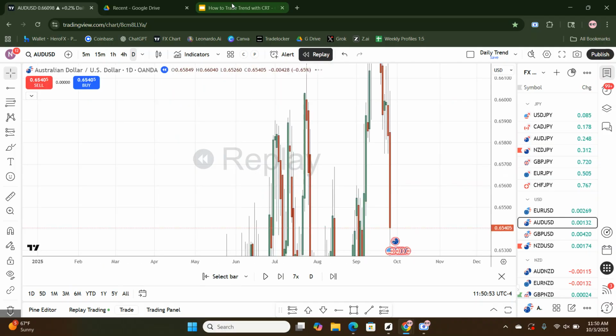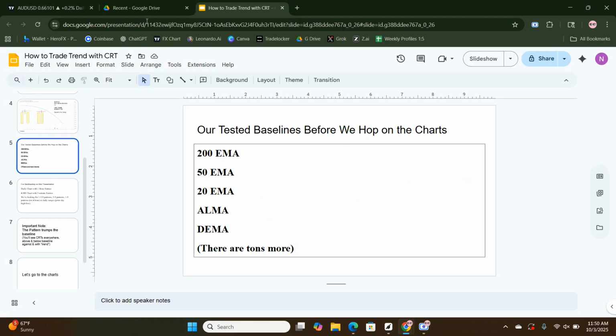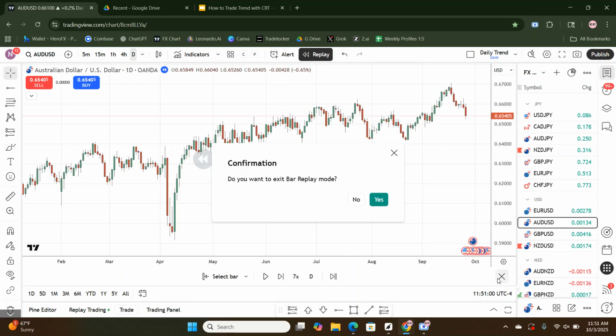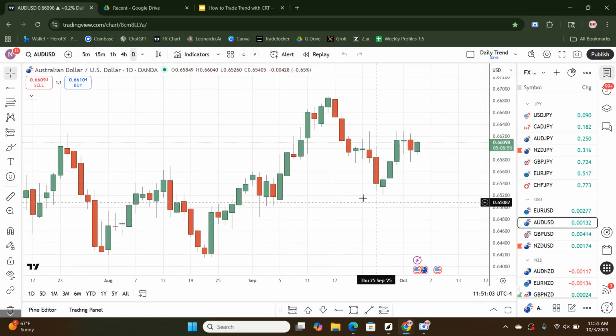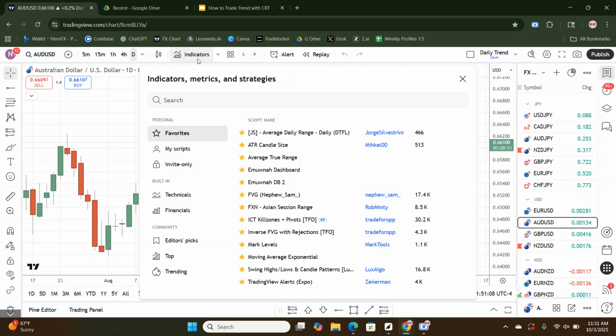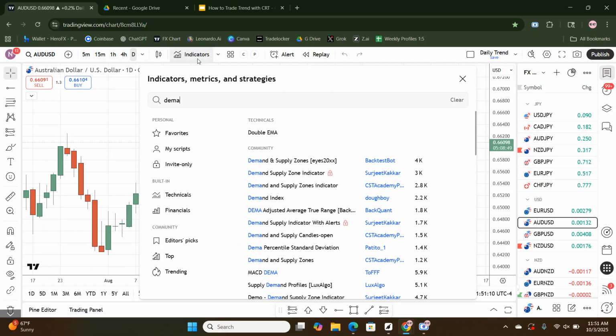And we'll do our last baseline test, which was DEMA. Now remember, the baseline is just an on-chart indicator that tells you which way price is possibly trending. So DEMA. Where is it? Is it this one, I believe?